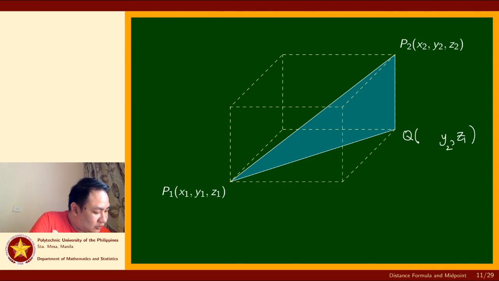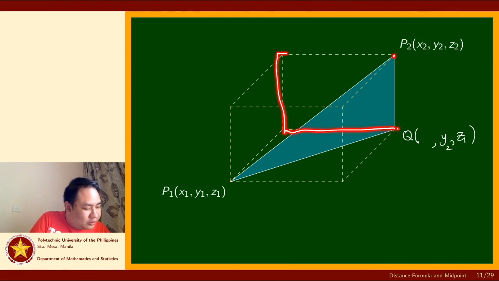And what is the x coordinate of Q? Notice that P2 and Q are on the same plane where this plane is parallel to the yz plane.